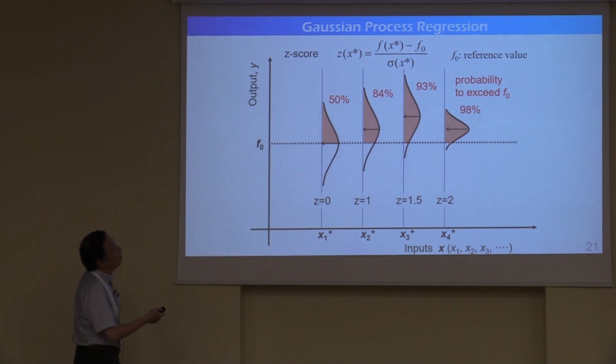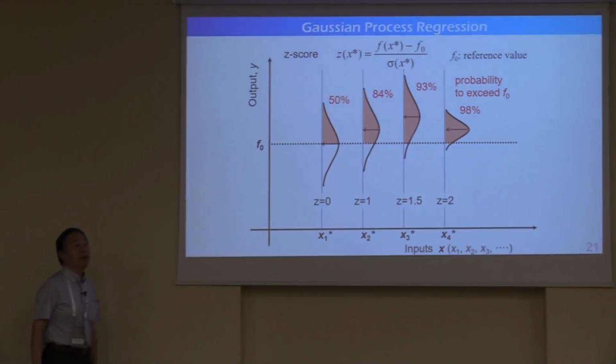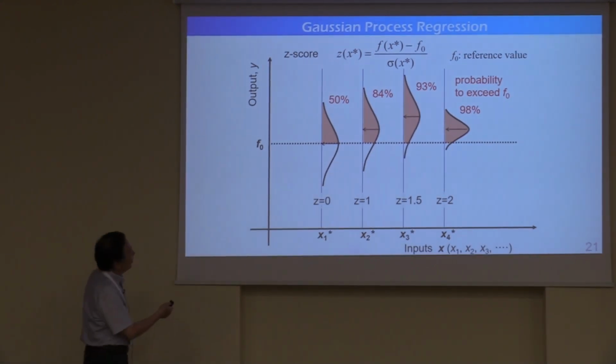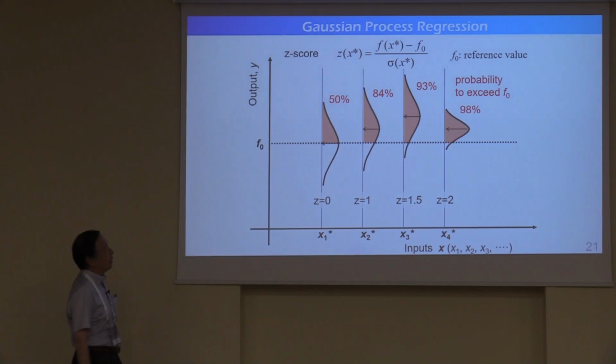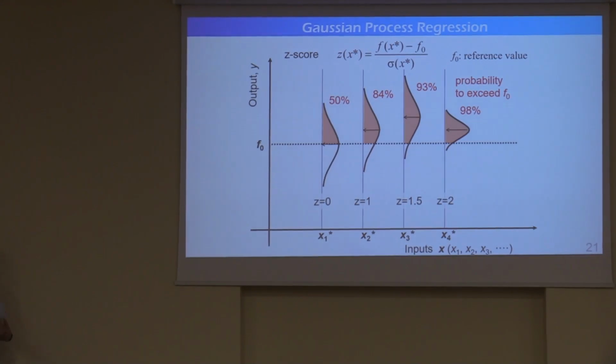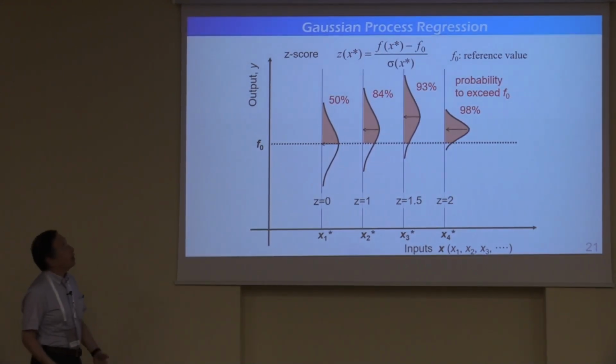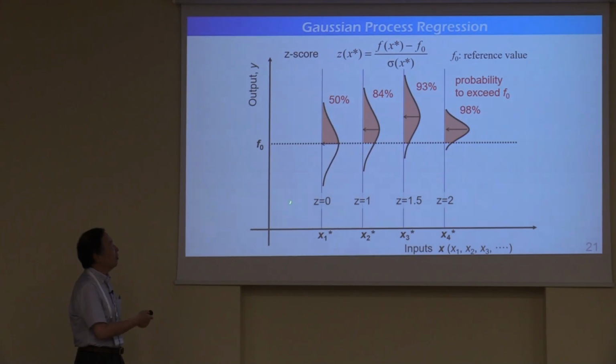Or if the error is smaller, then again this score becomes higher. This is the distribution. If the middle of this distribution is the same as the reference value, z equals 0. But with an increase of this mean value, of course z increases. And with a decrease of the error, again z increases. So in that way, we can predict the probability of exceeding this reference value according to this z value.